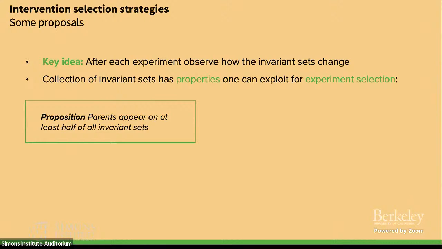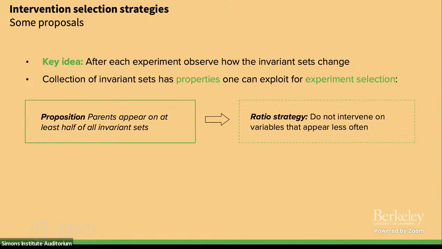So we can always check these ratios, how often a certain covariate appears in these invariant sets. Hence we would not intervene on variables that appear less often, because we know that these are not parents. And our goal is to intervene on parents, even though, of course, we don't know which covariates are the parents.